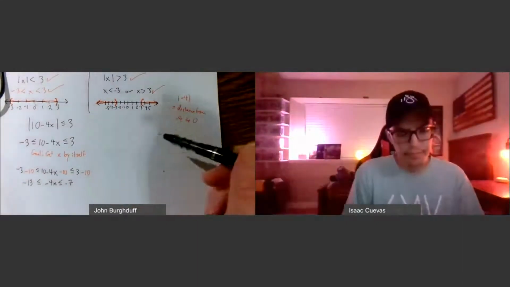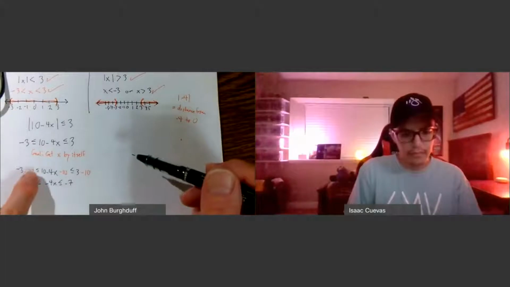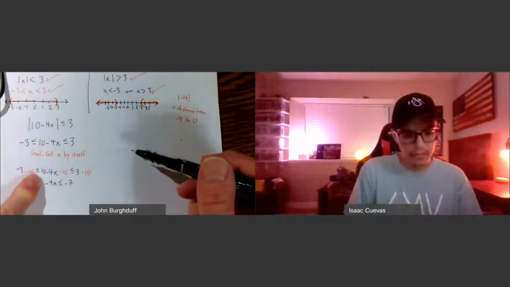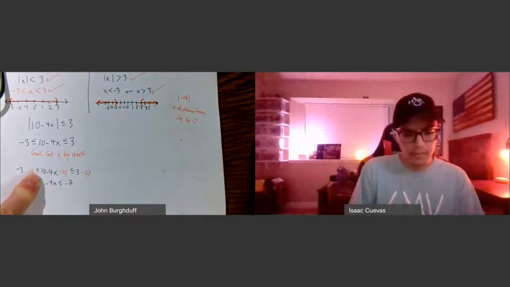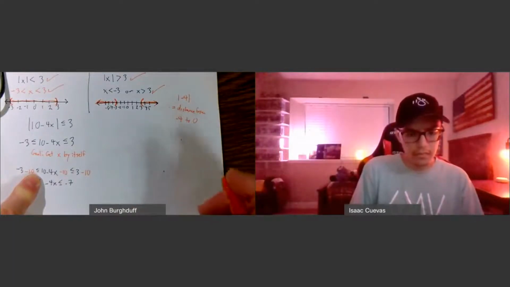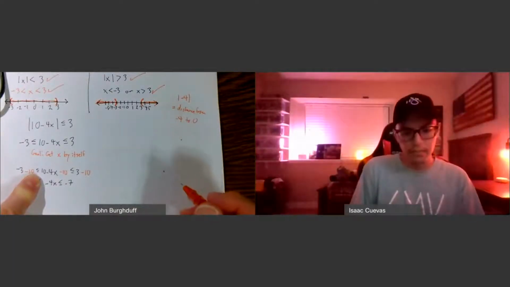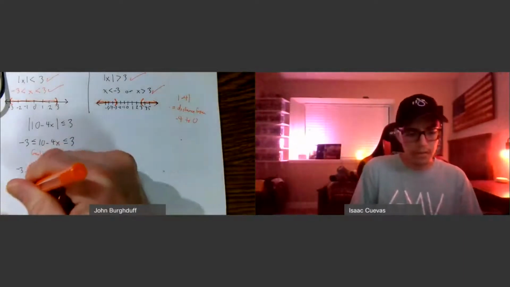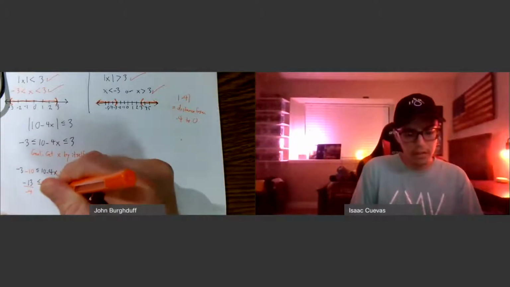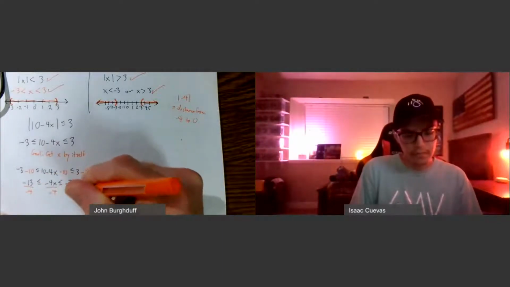And again, your goal is to get the x by itself. So what else would you do? And again, if it helps, just pretend there's only one piece, and that's an equal sign. How would I get the x by itself if that's all there was to it? I'm assuming you would divide. Mm-hmm. And the only deal is you do that not just in 2 parts, but in 3 parts, all the way across.